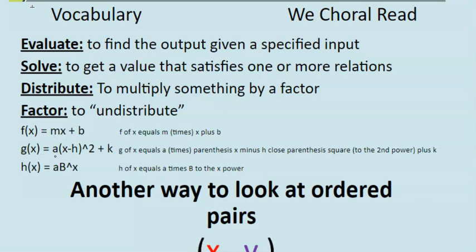F of x equals mx plus b. G of x equals a times (x minus h) squared plus k. And h of x equals a times b to the x power. Those are the three functions that you'll work with most in Algebra 1. Linear, quadratic, and exponential.